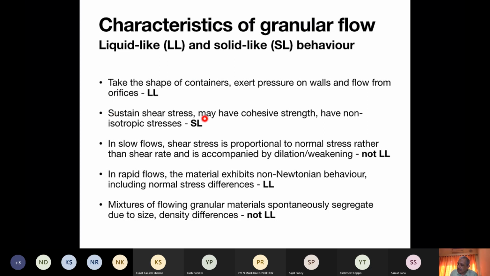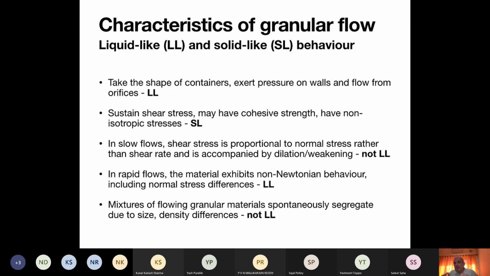They can sustain a shear stress, and they may even have cohesive strength. In the previous example, I showed you that. Now, a liquid will never form a pile like I showed you for dry sand. In dry sand, the sand will form a pile with a particular angle, the angle of repose.